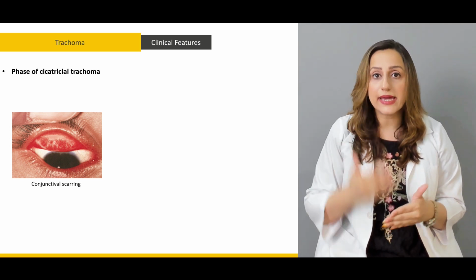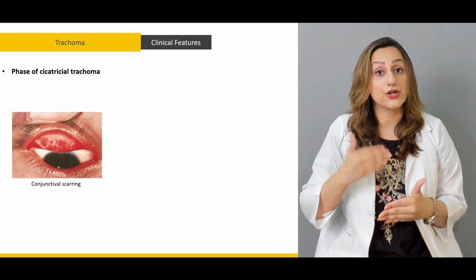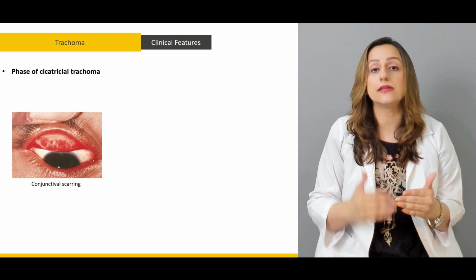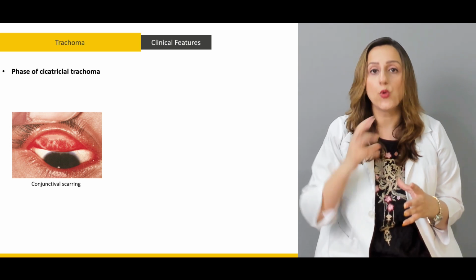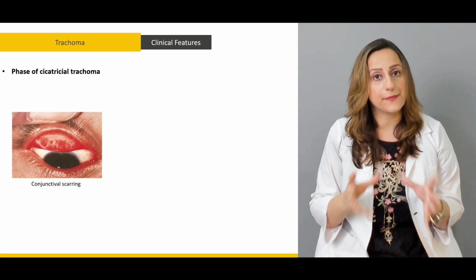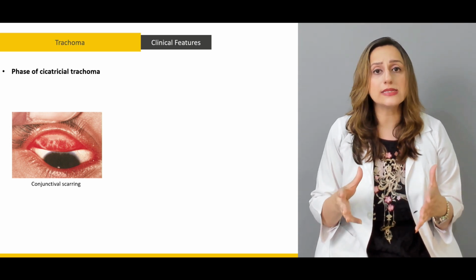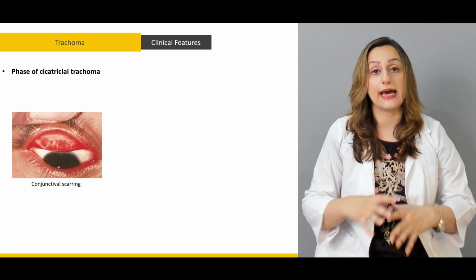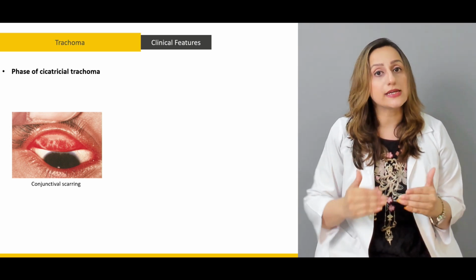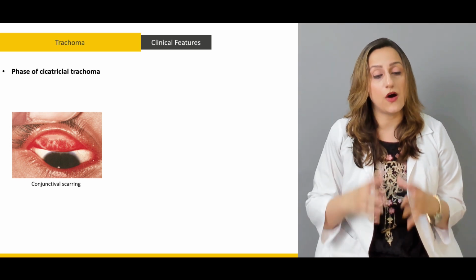So the chlamydial infections target the epithelium of the conjunctiva. They are epitheliotropic. This is the underlying mechanism. Once the phase of active inflammation has passed, there is a phase of scarring due to the damage that has occurred to the epithelium of the conjunctiva.